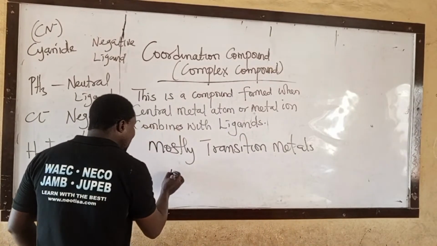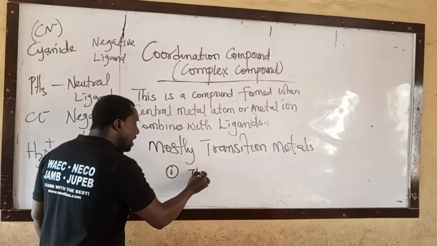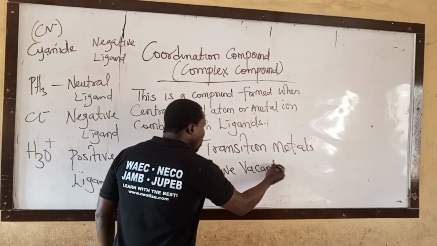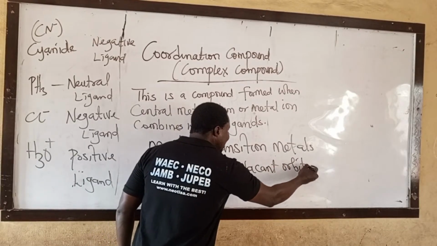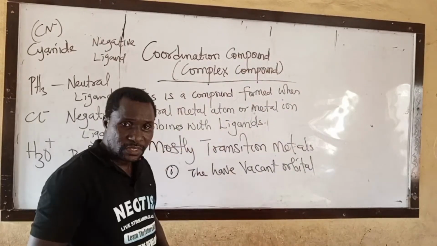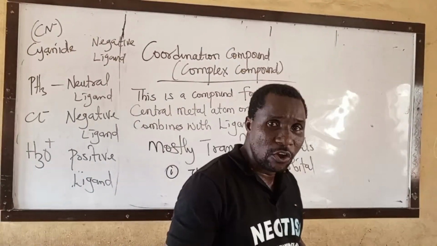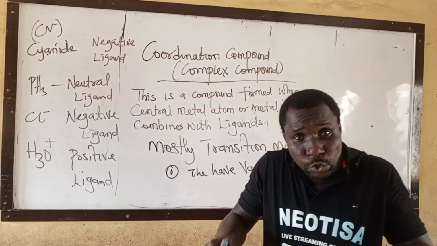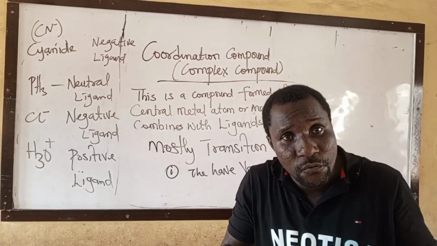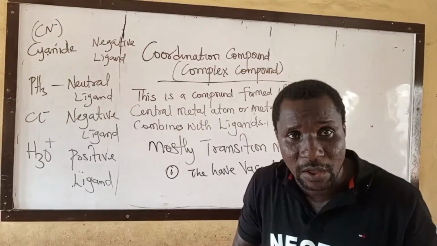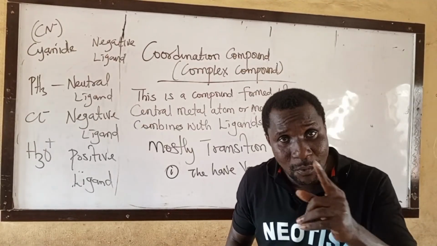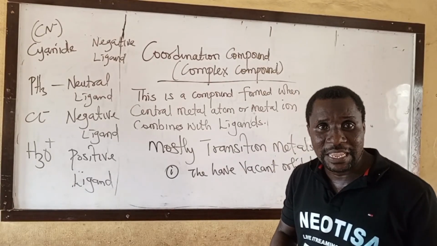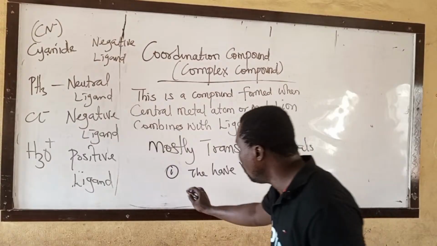One, they have vacant orbitals. They will ask you, why do transition metals form coordination compounds? Number one, they have vacant orbitals.